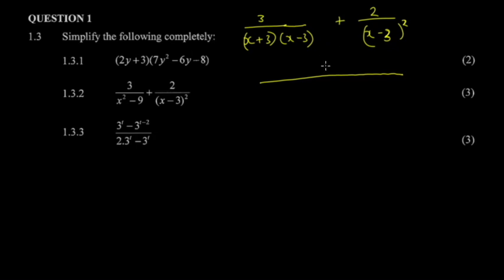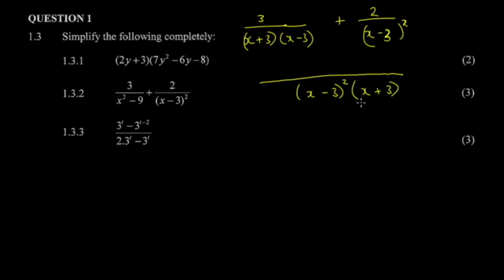Here you're supposed to take the lowest common multiple as your common denominator. For this x minus 3 squared, you take x minus 3 and x minus 3 squared. X minus 3 is common. For the lowest common multiple, when you have common entries, you take the one with the greater power. So you take x minus 3 squared like this. And then x plus 3 is just standalone, so it's x plus 3.